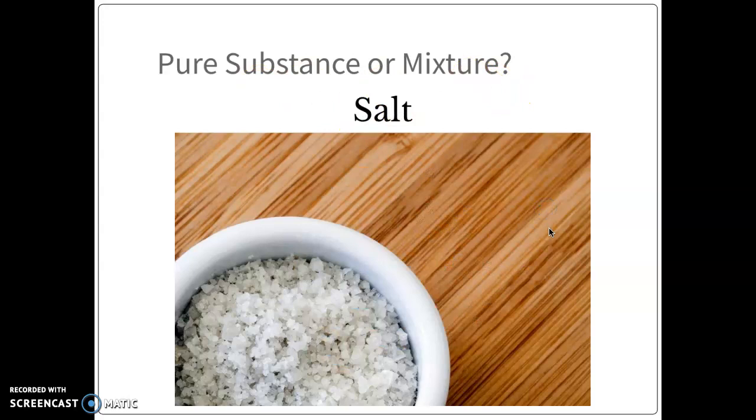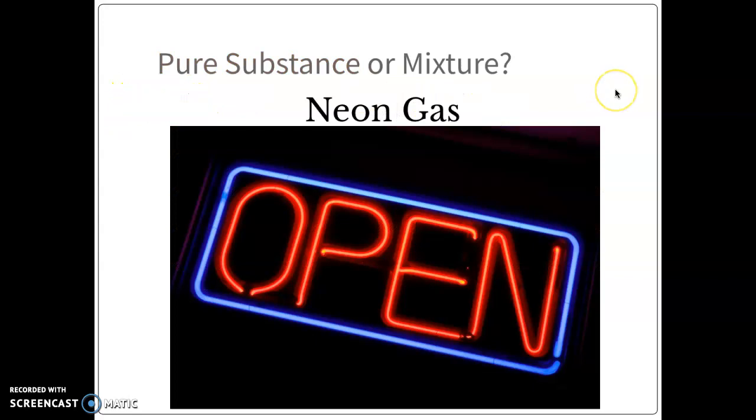All right, salt. Hopefully you didn't see the answer already. I did talk about this one in the examples. This is a pure substance. It is a compound. Salt is not an element, but it is a compound made of 2 different elements. Neon gas. I also mentioned this one. I wonder if anybody remembers. This is a pure substance.